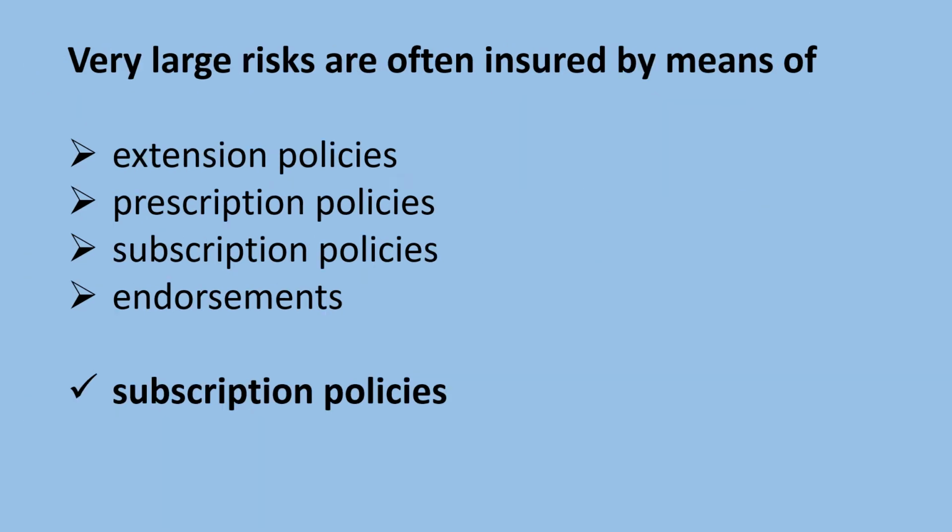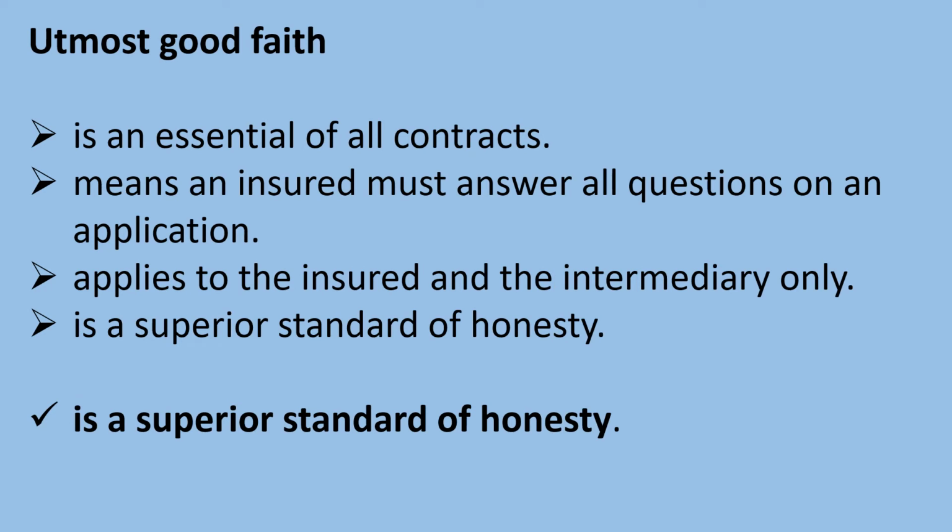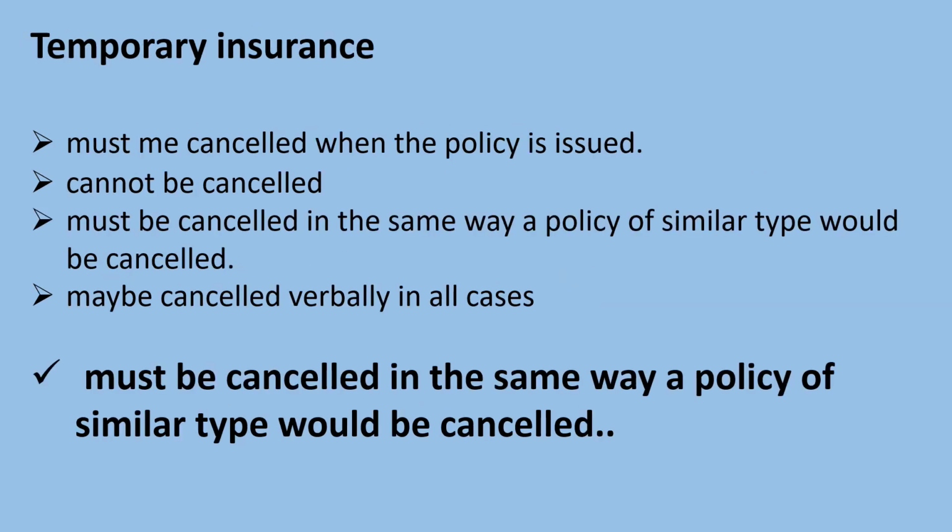Very large risks are often insured by means of a subscription policy. Utmost good faith is a superior standard of honesty. Temporary insurance must be cancelled in the same way a policy of similar type would be cancelled.